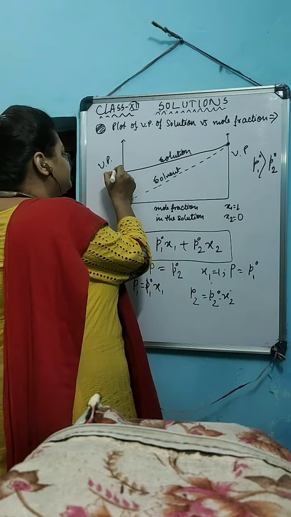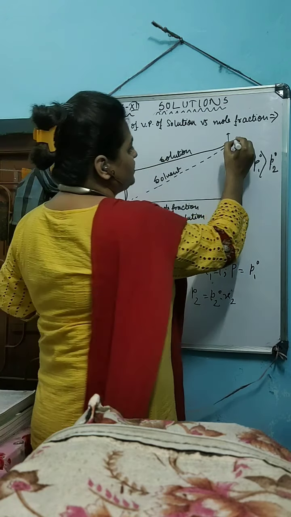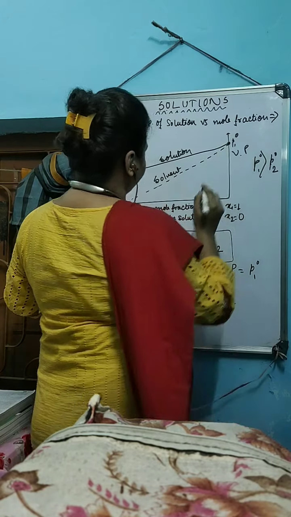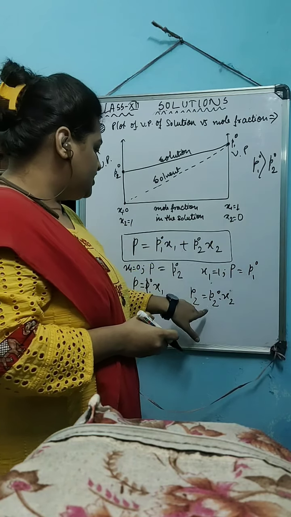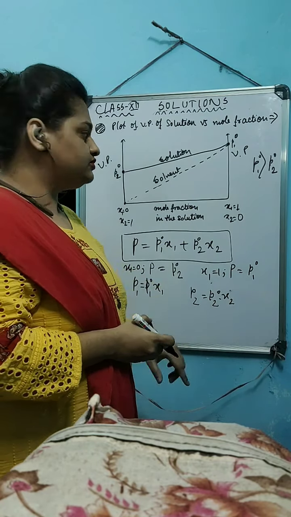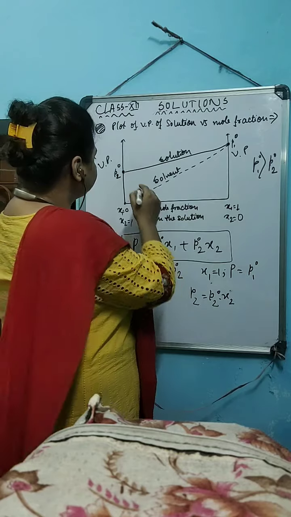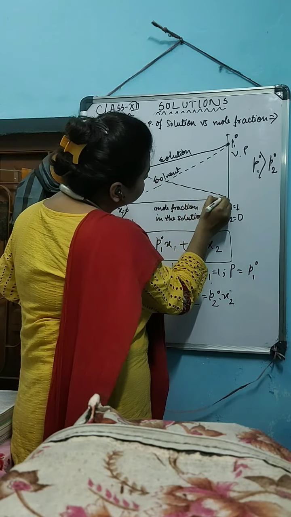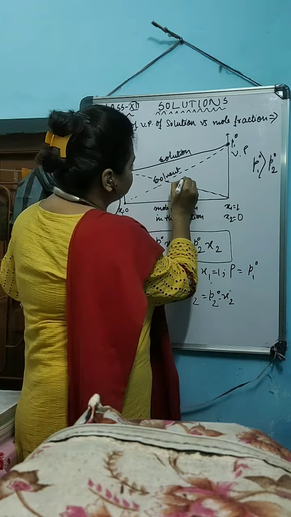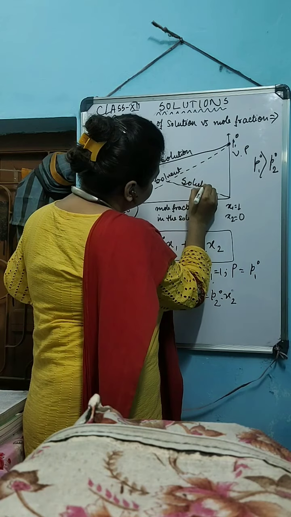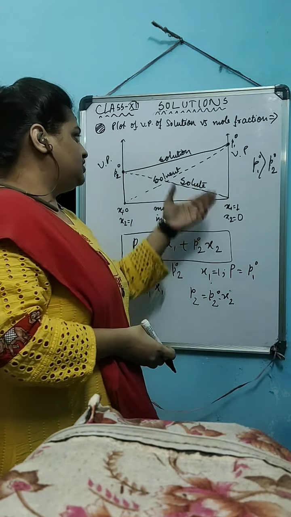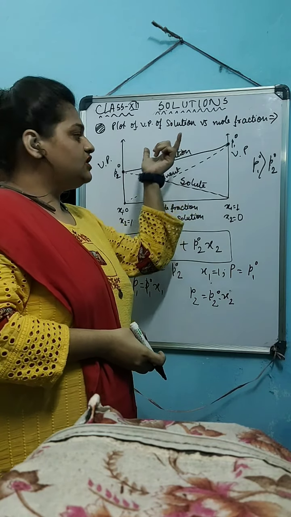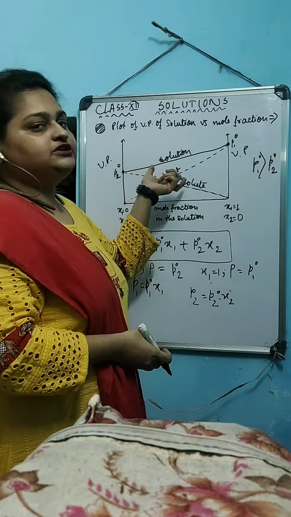This is my P2 naught. This one is my P1 naught. And when X2 equals 0, this entire value will become 0, so it will start from here to here. So this is for my solute. Within this plot, I can plot my solution graph, my solvent graph and my solute graph.